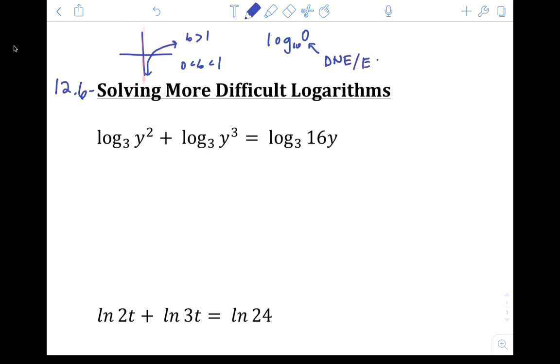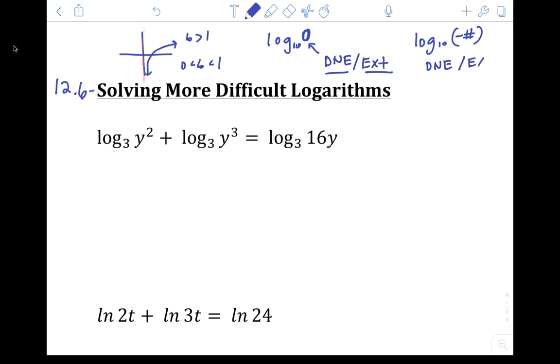You have to understand that what you've got as your answer will not work. So whatever your answer is, if it makes whatever you're taking the logarithm of 0, if it makes this happen right here, it's extraneous. It's not going to exist. Now, if you take the log, no matter what the base is, of a negative number, we have this same problem.